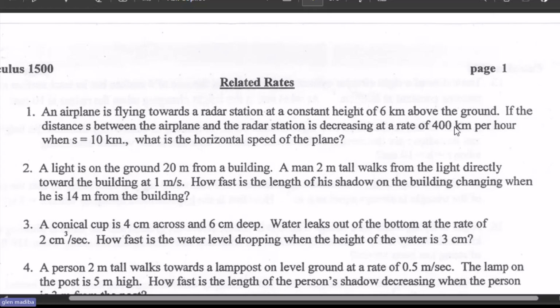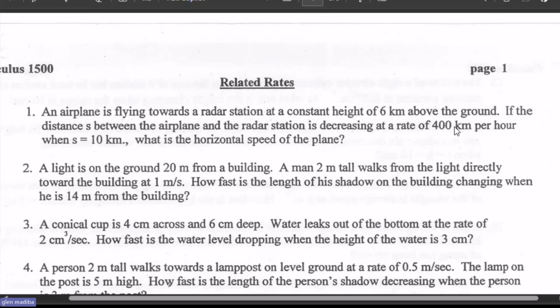A man, 2 meters tall, walks from the light directly towards the building at 1 meter per second. How fast is the length of his shadow on the building changing when he is 14 meters from the building?